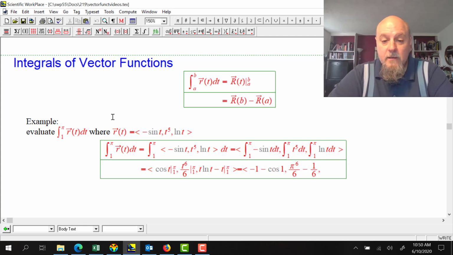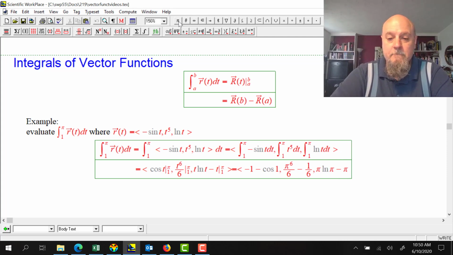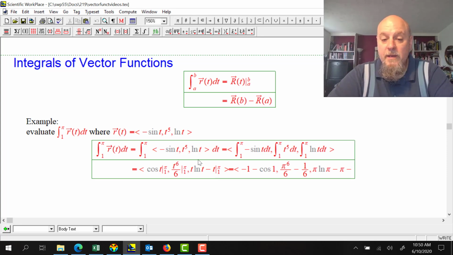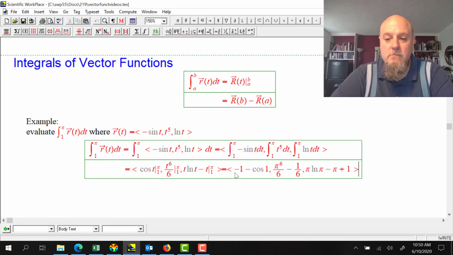And lastly, sub in pi, that's going to be pi ln pi minus pi. There's sub in the pi. Minus, when we put 1 in, ln of 1 is 0. So this is 0 minus 1. Minus a minus 1 is a plus 1.